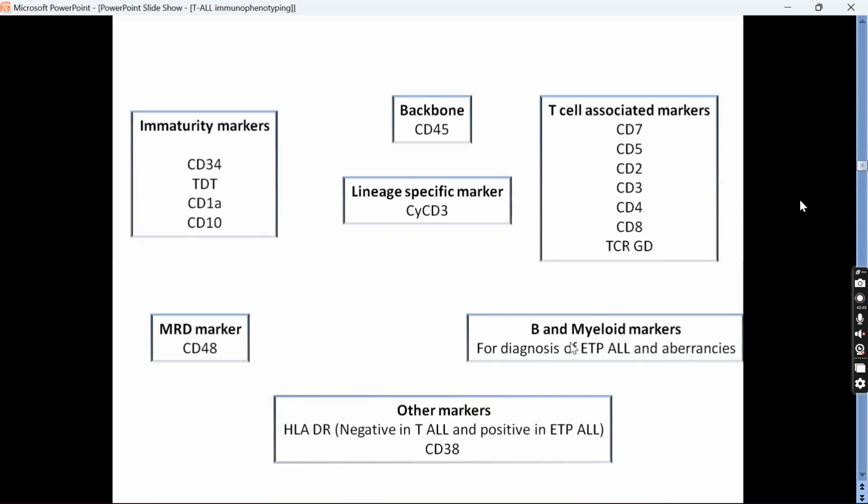And you should have B and myeloid markers, for the diagnosis of ETP-ALL, to find MPAL, and to find aberrancies. So these should be run along with the T tube. Other markers: HLA-DR, which is likely negative in T-ALL except ETP-ALL, and CD30.